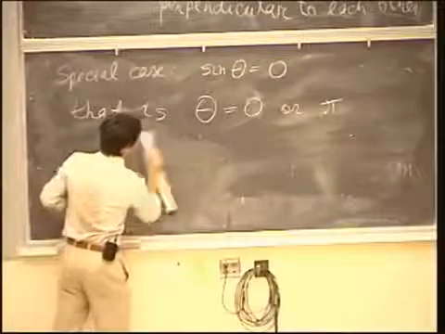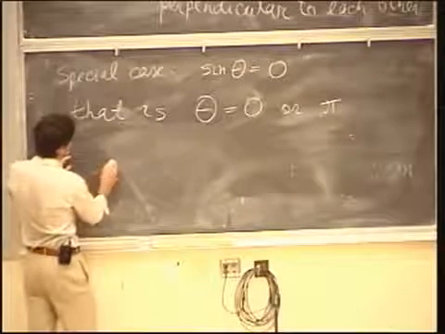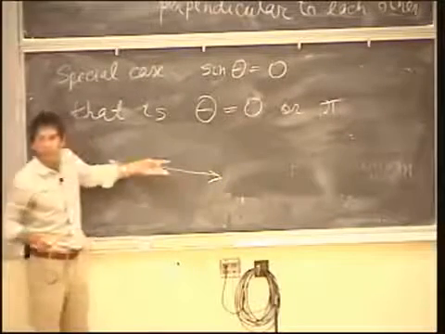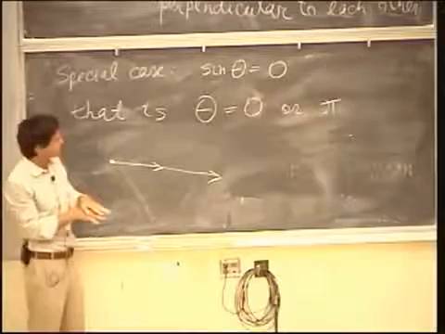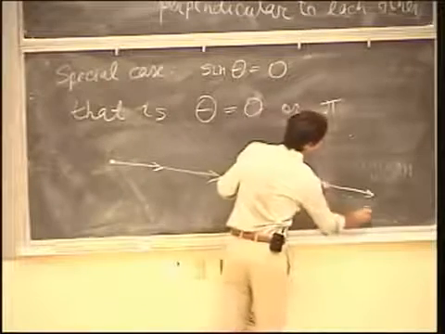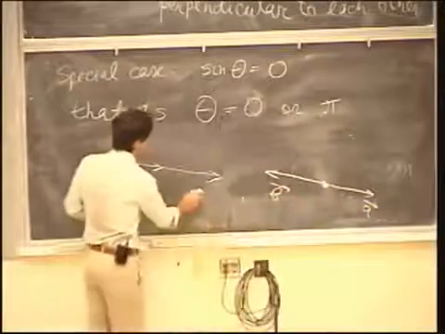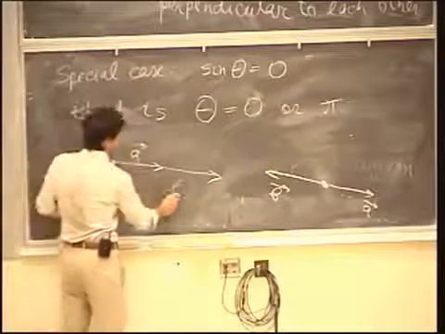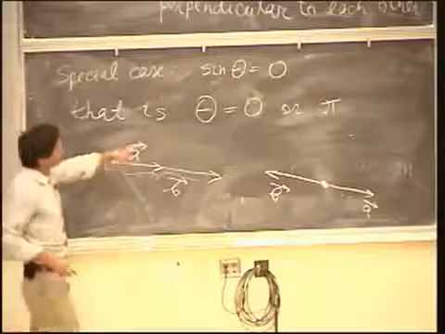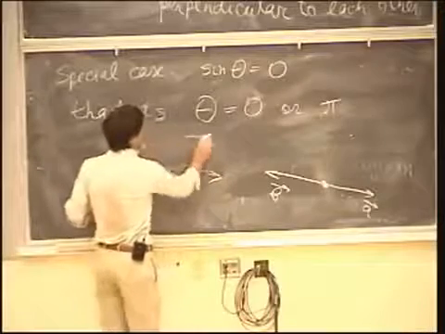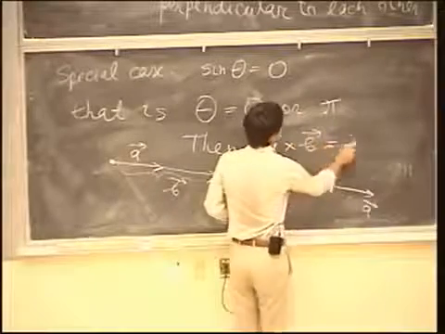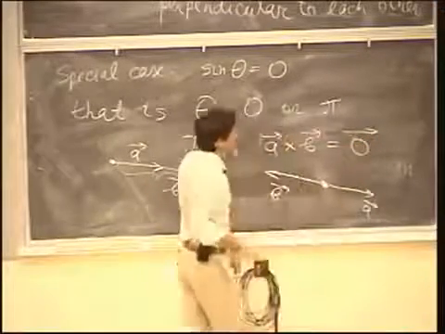Which is to say that the two vectors either point in the same direction so that the angle between them is 0, right? Or they point in opposite directions. Right? So in this case, the cross product, according to the first formula, is the 0 vector.